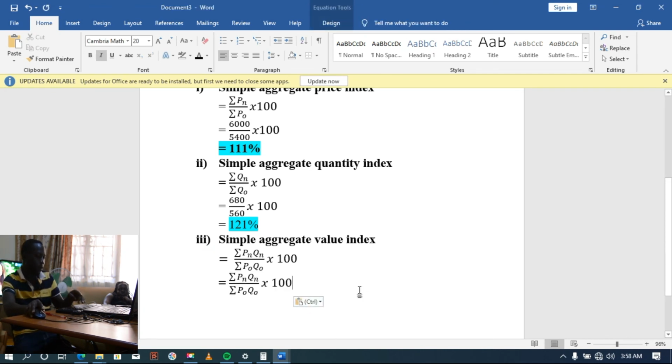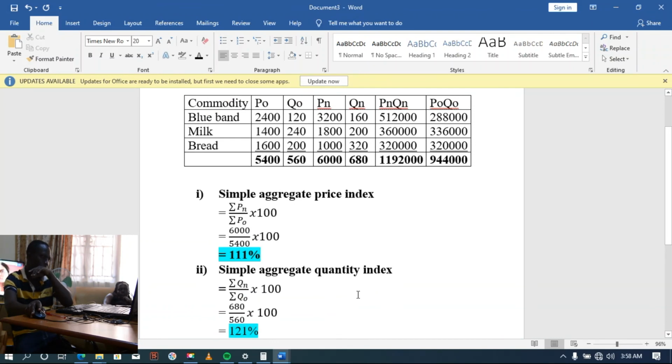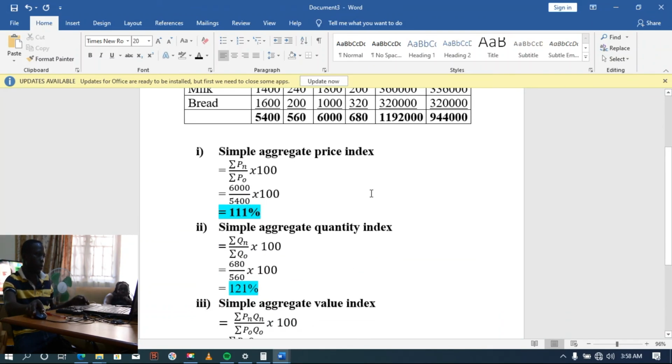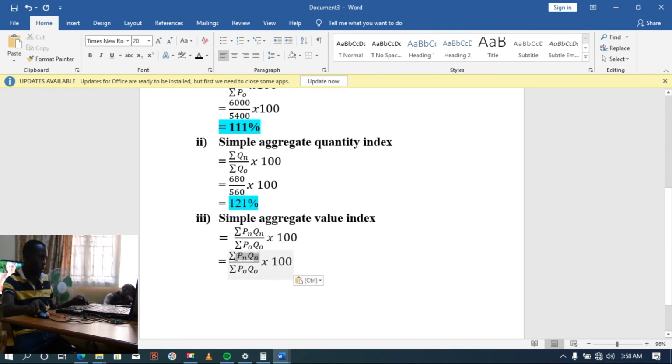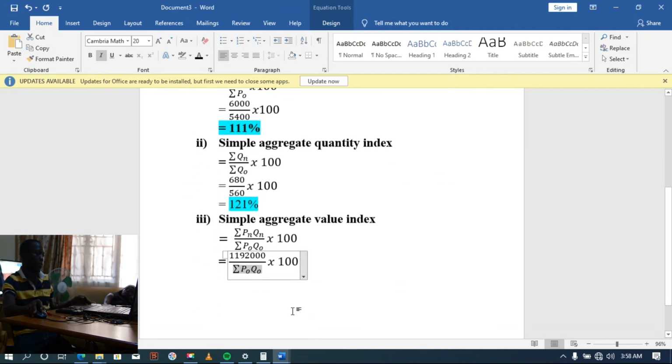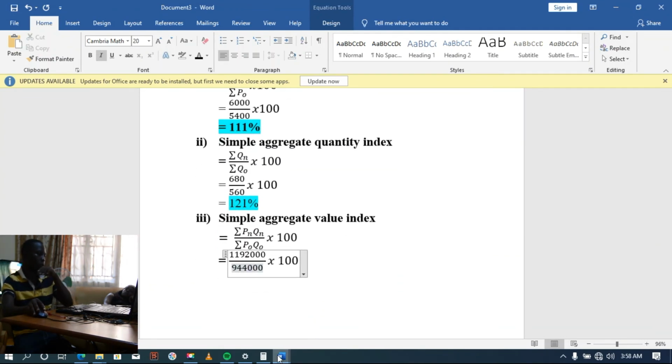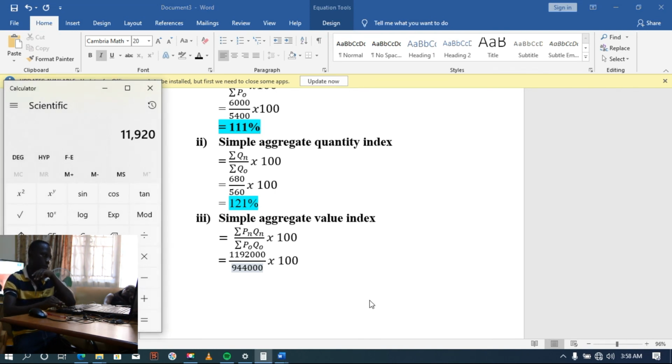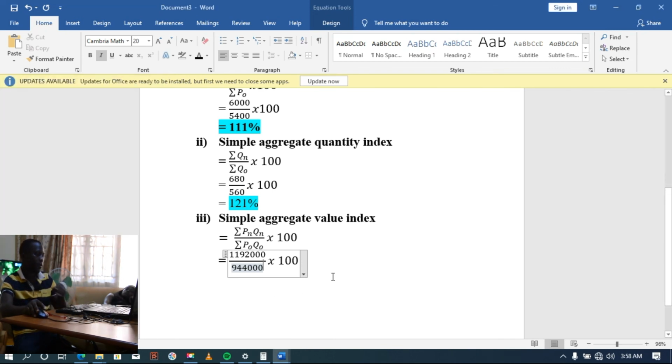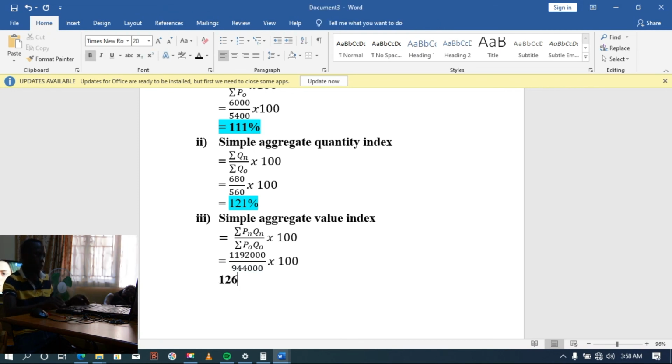We do have our summation Pn Qn as 1,192,000 over summation Po Qo, which is 944,000. So 1,192,000 divided by 944,000 times 100, we get 126 percent.